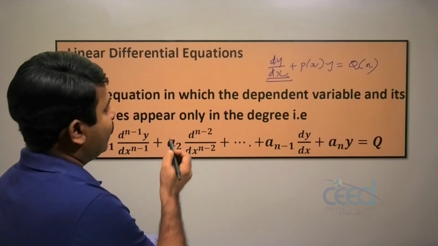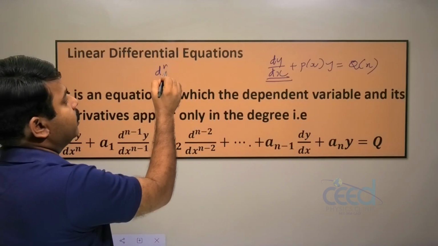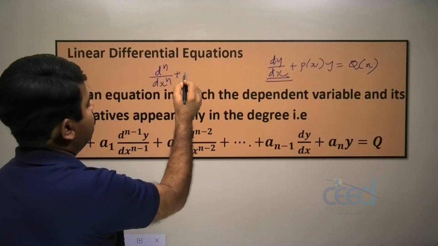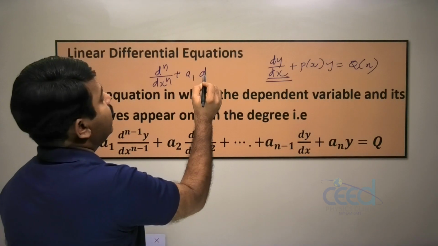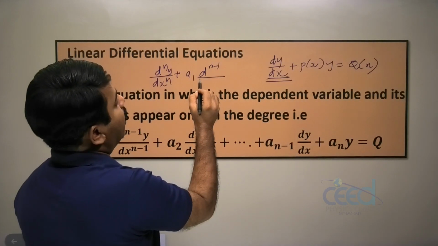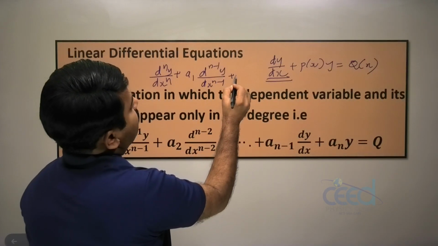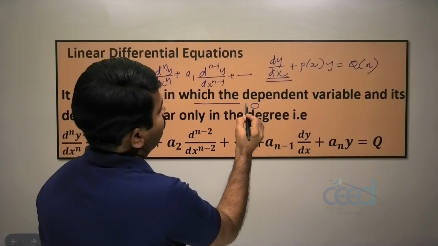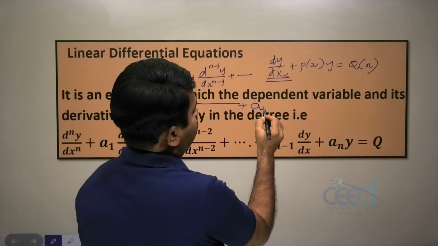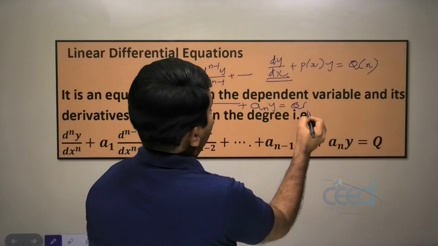Look here, the general expression for an nth order differential equation: d^n y/dx^n plus some constant a1 times d^(n-1) y/dx^(n-1) plus etc., plus a_n y, is equal to some function q of x.